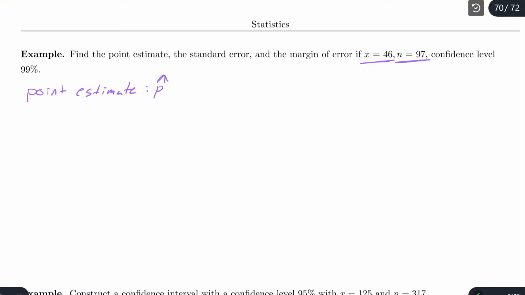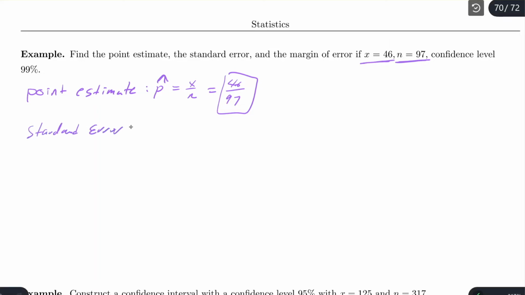Because we're trying to estimate population proportion, sample proportion is the point estimate, which is x divided by n, 46 over 97. So this is the point estimate. From here, we add and subtract margin of error. Okay, so let's find standard error.